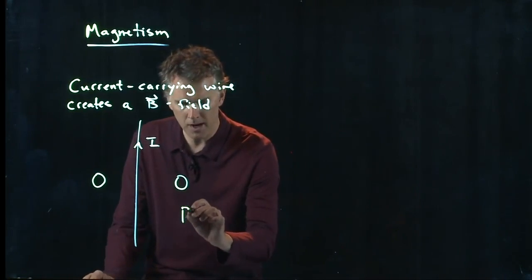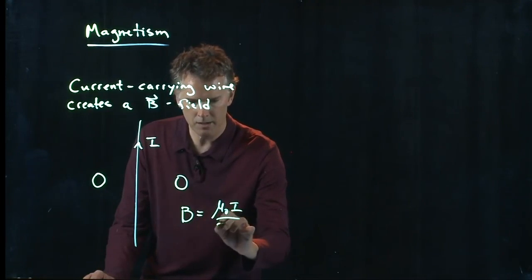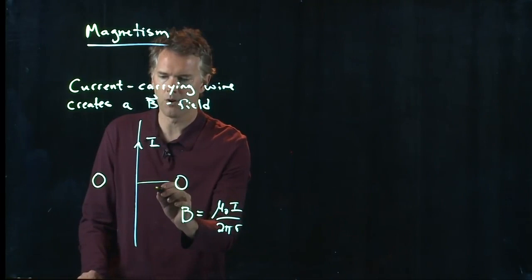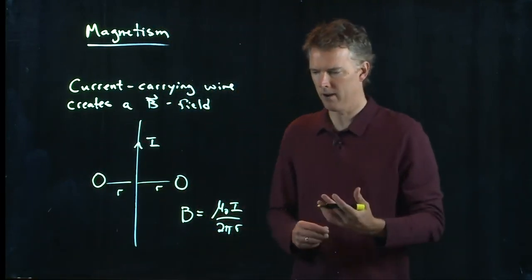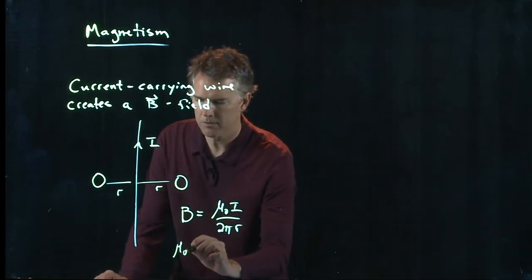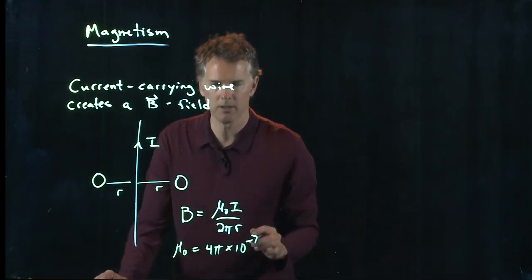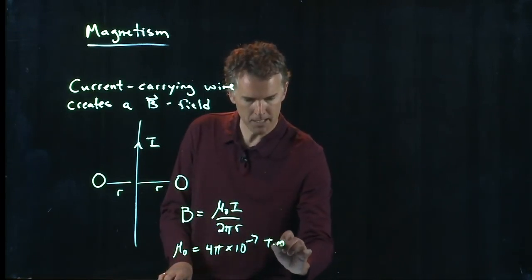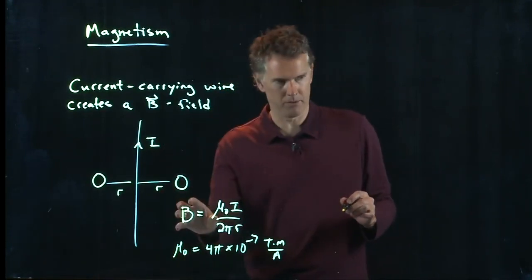We know that the strength is mu naught times I divided by 2 pi r, where r is how far away you are from the wire. And mu naught is our good old permeability of free space. It has a value 4 pi times 10 to the minus 7. And remember, it has these interesting units on it. It is Tesla meter per amp. So that's the strength of the B field.